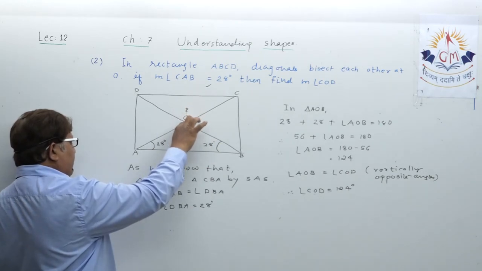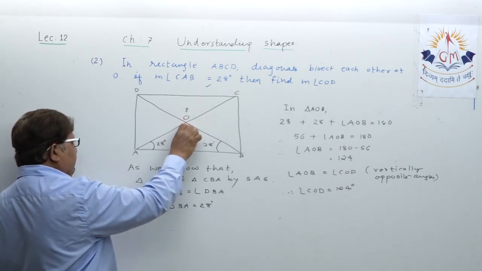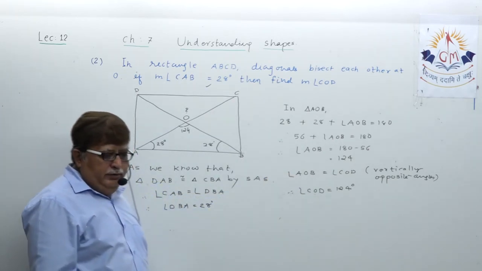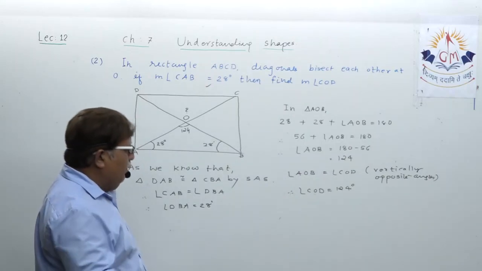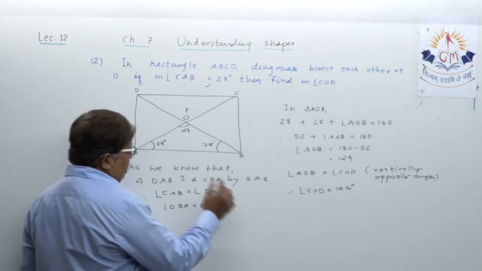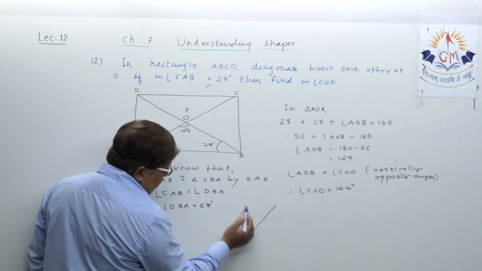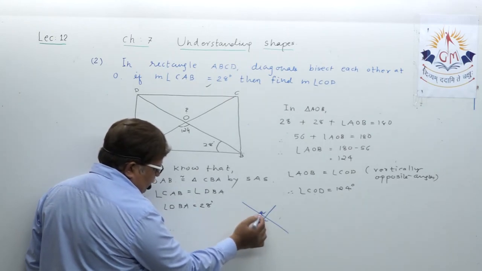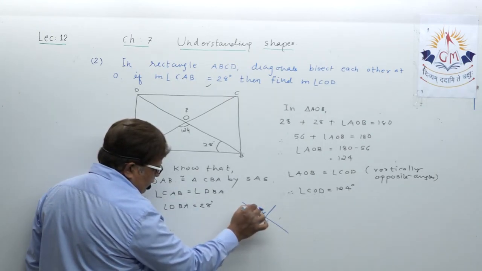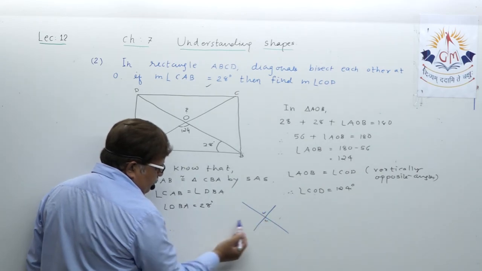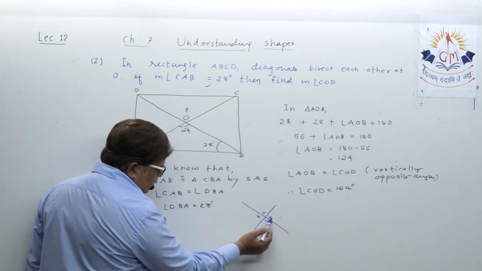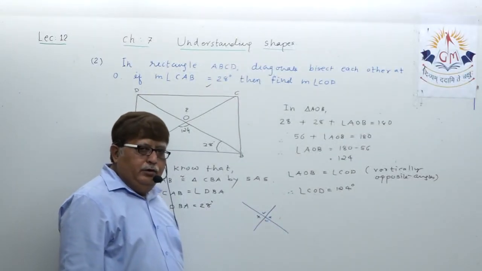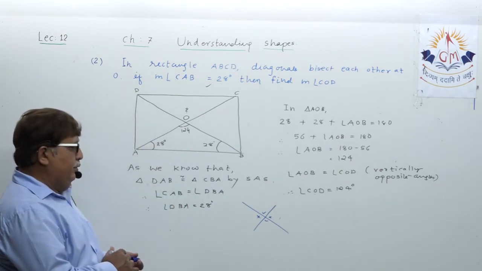Now these two are vertically opposite angles which are always congruent. And if you don't have the concept, just a reminder: whenever you get such a cross shape, these two are called vertically opposite angles which are always congruent. At the same time, these two are also vertically opposite angles which are always congruent.